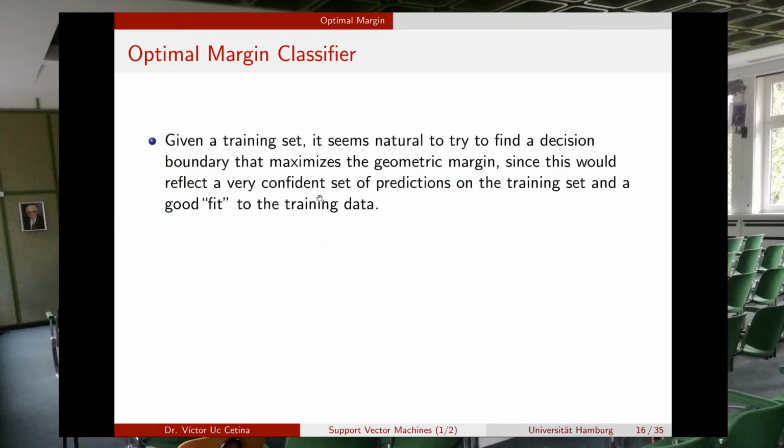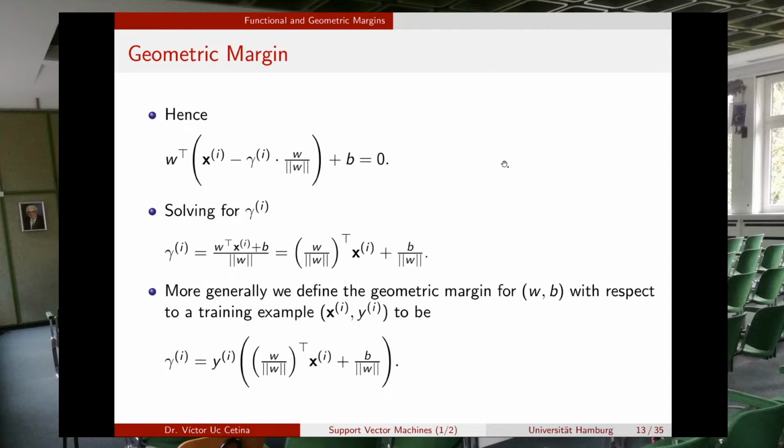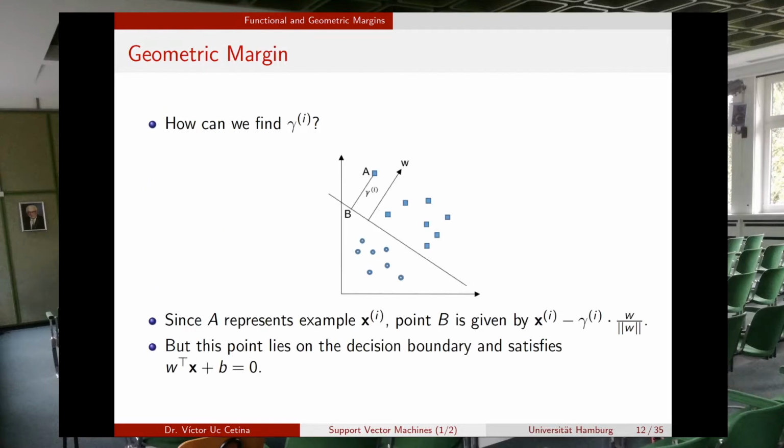So given a training set, it seems natural to try to find a decision boundary that maximizes the geometric margin, since this would reflect a very confident set of predictions on the training set and a good fit to the training data.